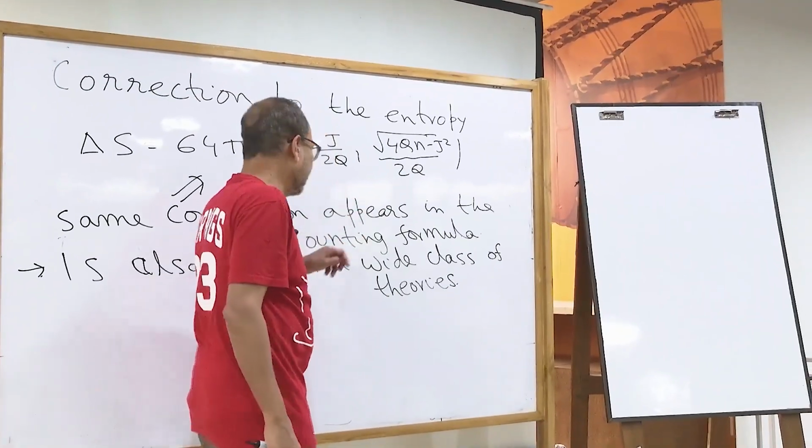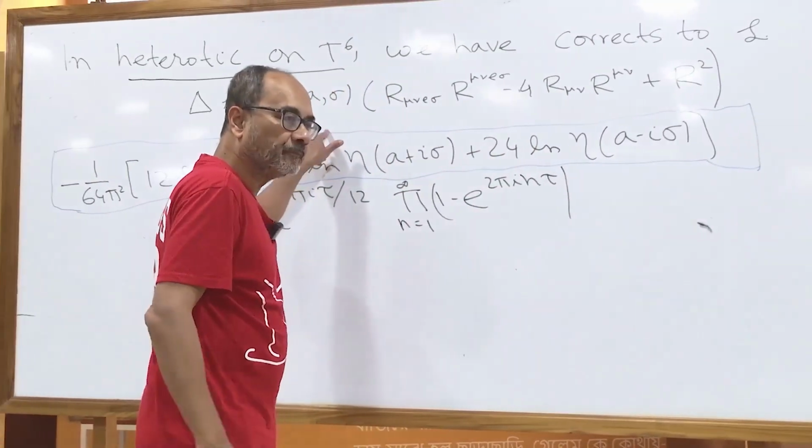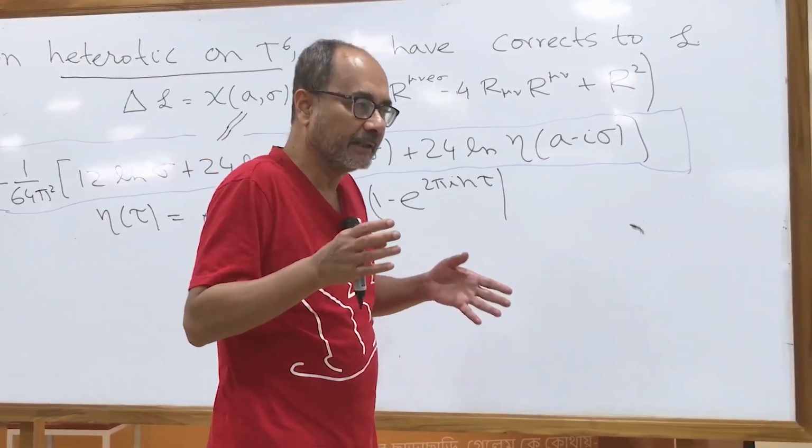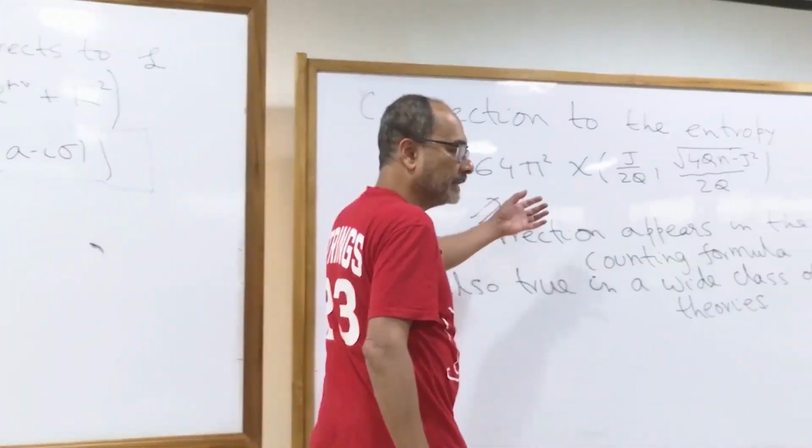That is the reason why here you had a function of chi, which is a function of A and sigma, but in the near horizon geometry, A and sigma are determined in terms of the charges, and it becomes a function of the charges.